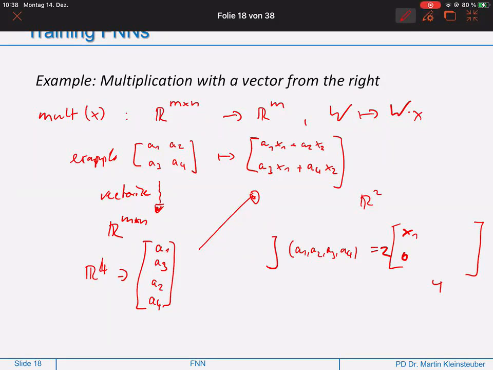Oh, sorry, I'm getting confused. If we do it row-wise, maybe x1 and then 0, then x2. But the second component is a3. This is an x1 here actually.